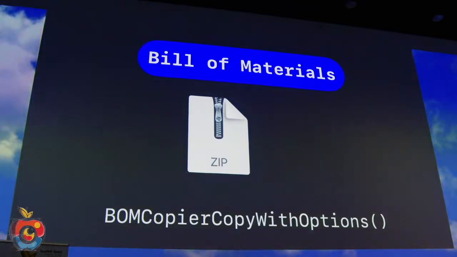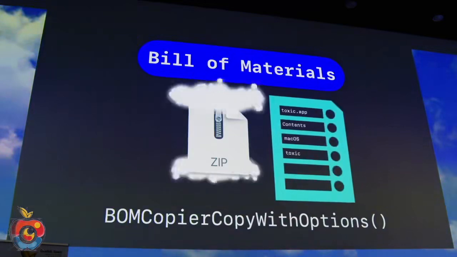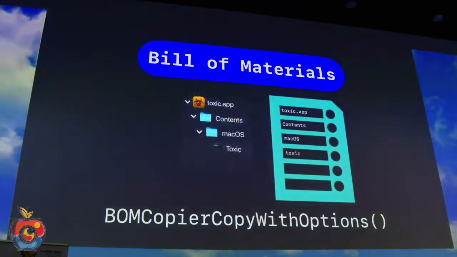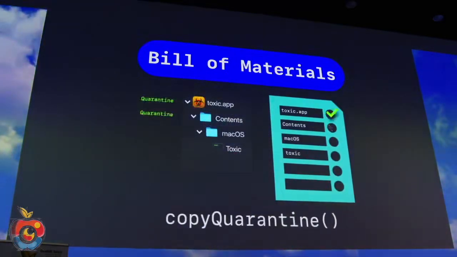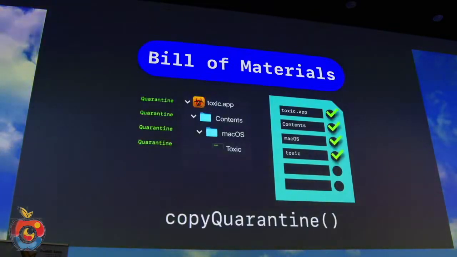So the BOM seen on the right here will keep track of each file that gets unarchived from the zip. The unarchiving logic then goes through each file in the BOM and applies the quarantine attribute, fittingly using this copy quarantine function.